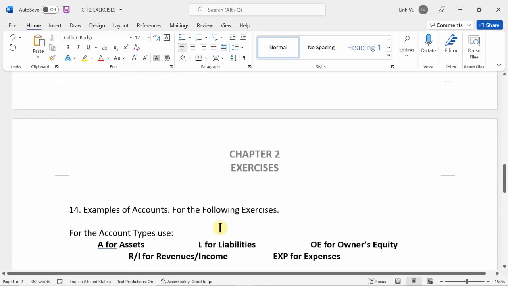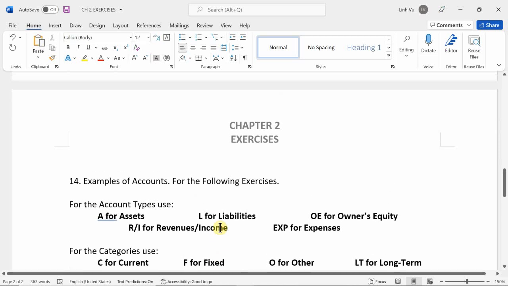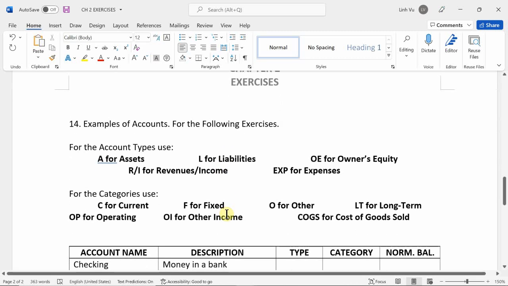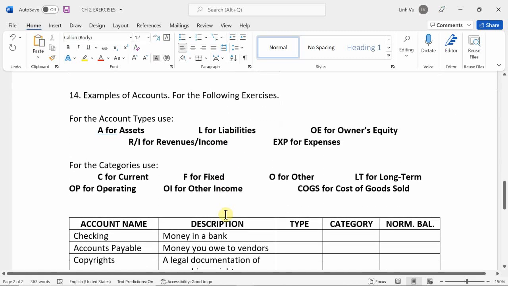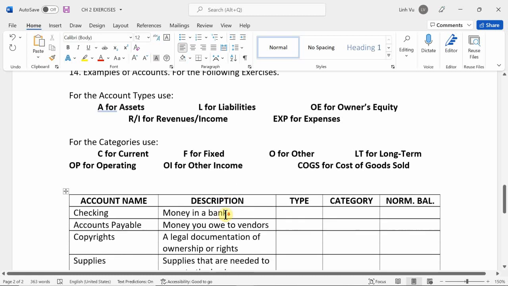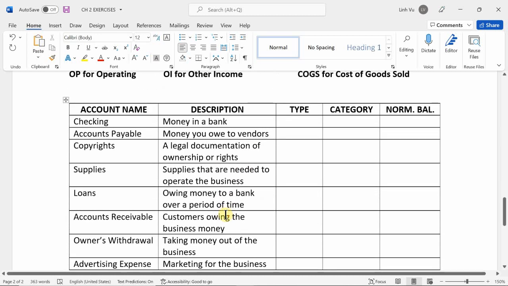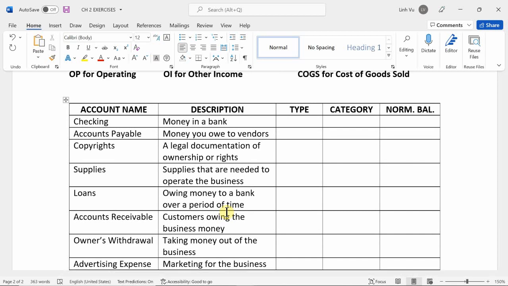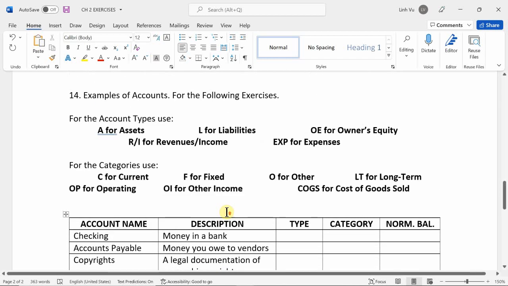Good. And then number 14, examples of accounts for the following exercises. So again, this is what I want you guys to do. For this exercise, I have a list of a whole bunch of accounts and I have a definition of what each account is, and your job is to determine the account type, the category it belongs to, and the normal balance in that specific account. So in this case, this is using your accounting model.